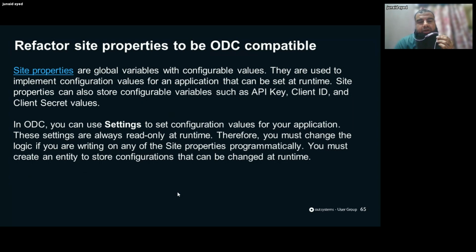For them, we don't have site properties as such, but we do have an option called settings, where we can configure values like we used to configure in site properties. So site properties don't exist, but we can have them configured under the settings in the ODC framework.